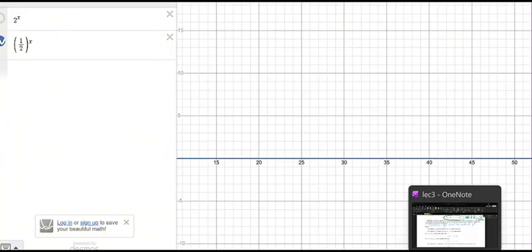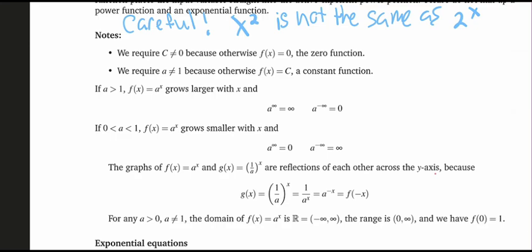Let me point out why that is. For example, 2 to the power of infinity is going to be 2 times 2 times 2 and so on. So that's going to be infinity, something humongous.